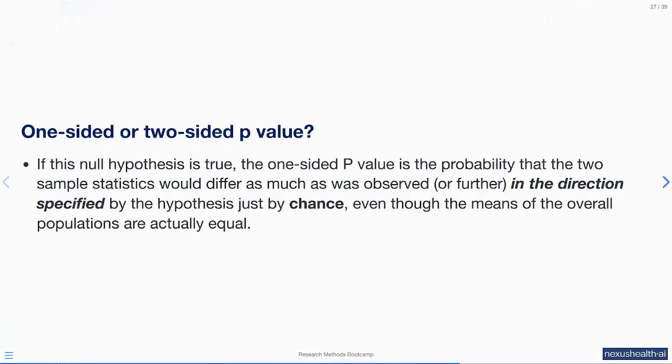If this null hypothesis is true, the one-sided p-value is the probability that the two sample statistics will differ as much as was observed or further in the direction specified by the hypothesis just by chance, even though the means of the overall populations are actually equal.